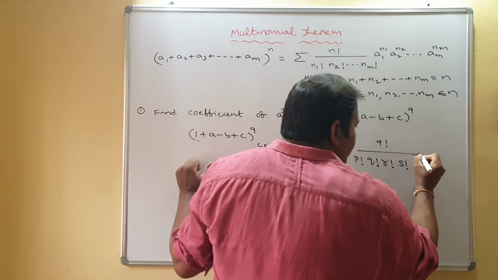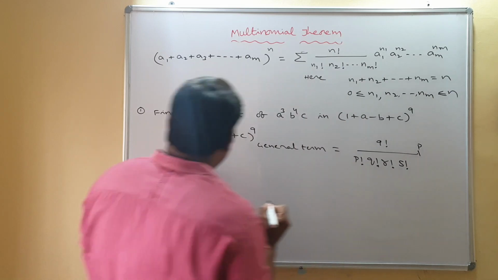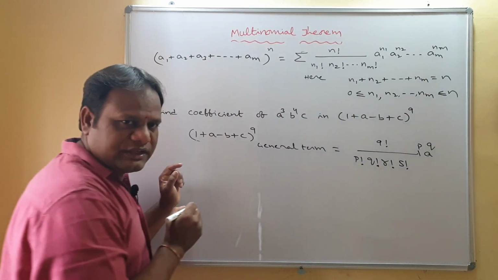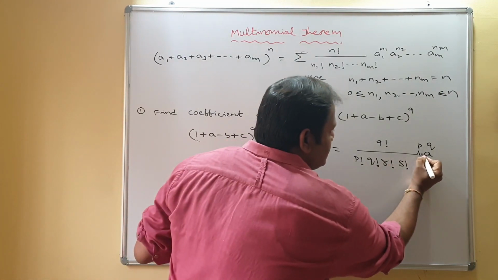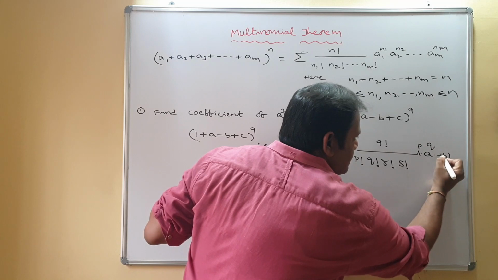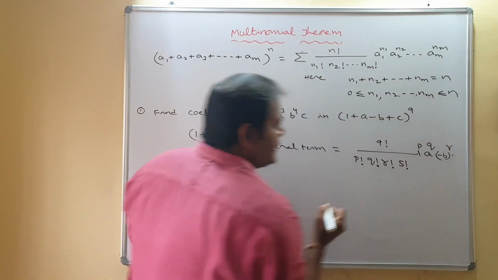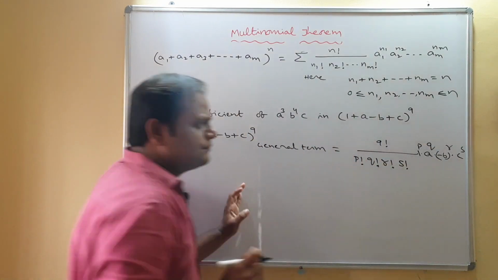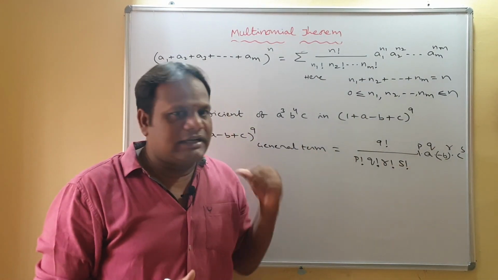So 1 power p. What is the next one? a power q. Is it? What is the next one? Minus b. So (−b) power r. What is the next one? c. So c power s. Is it? So this is the general term.